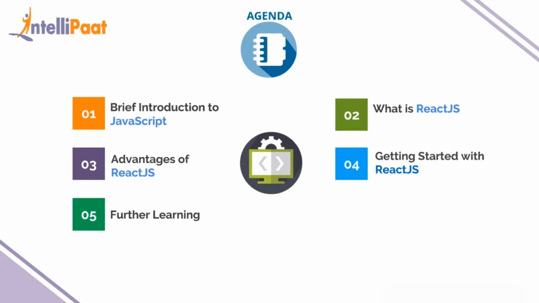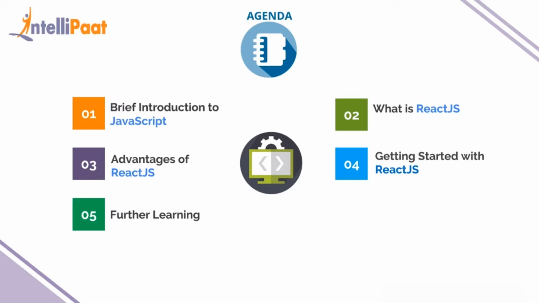Then we look at the advantages of React.js compared to other front-end technologies. And then, of course, we have the tutorial for you guys here today. We have the basic tutorial for React.js, a little bit of hands-on to get started. We'll look into that later on, and then we'll discuss something else in the further learning category of the agenda.